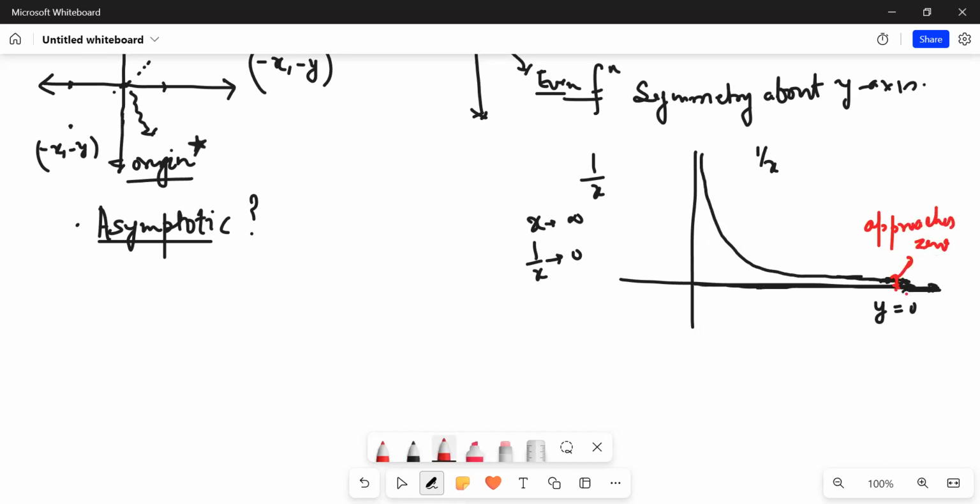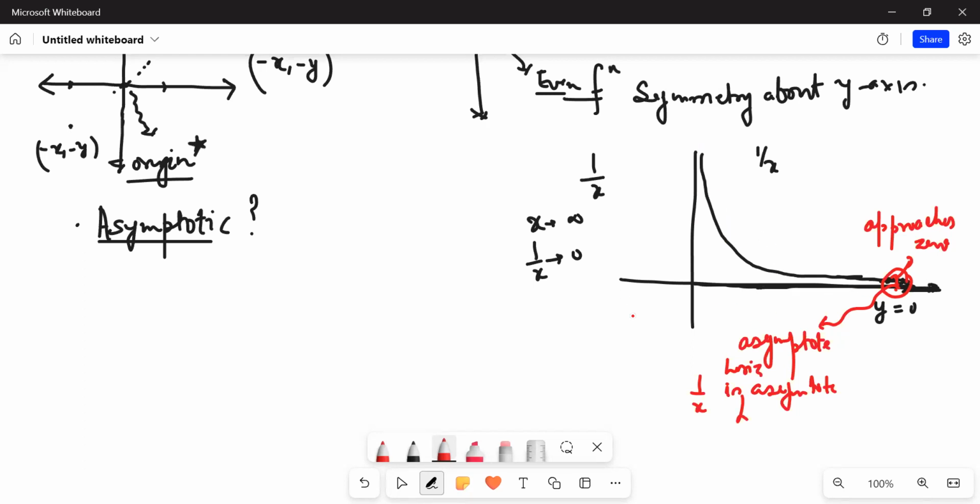This kind of variation in mathematics is called asymptotic variation. Or you can say that the graph of 1 upon x has a horizontal asymptote here. Are you getting my point? Is that clear to you?